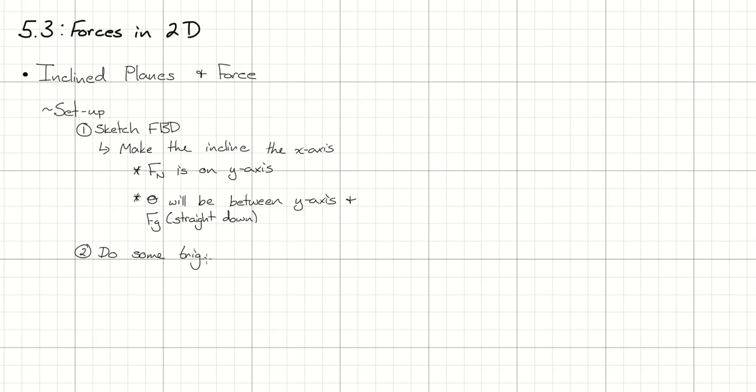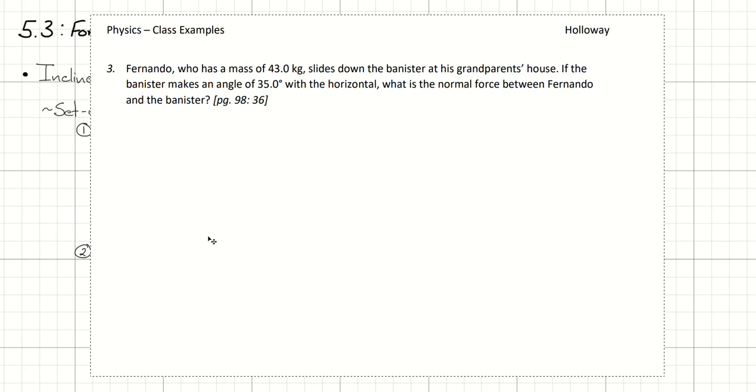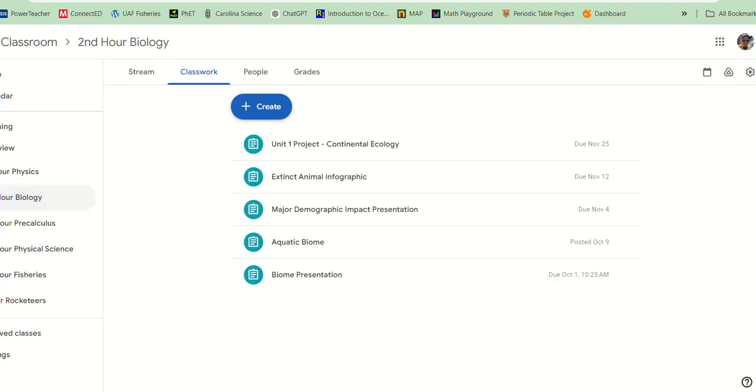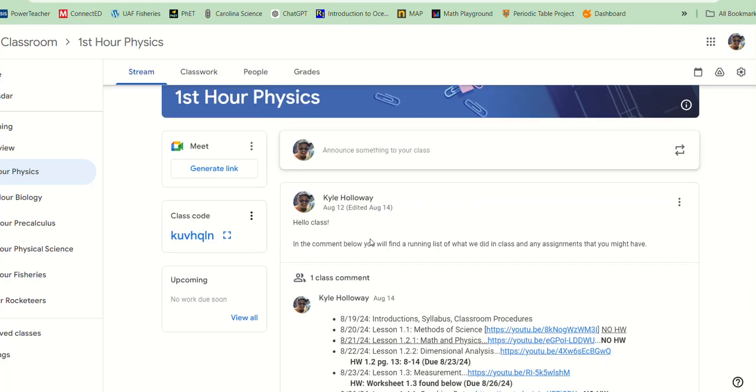In class today, we looked at one example, and it was kind of clunky as we worked through it, but it's not going to be clunky here. There are no questions, or at least I know the questions that people had before. If you want to work along and don't want to write the whole example down, go to First Hour Physics on the Google Classroom.